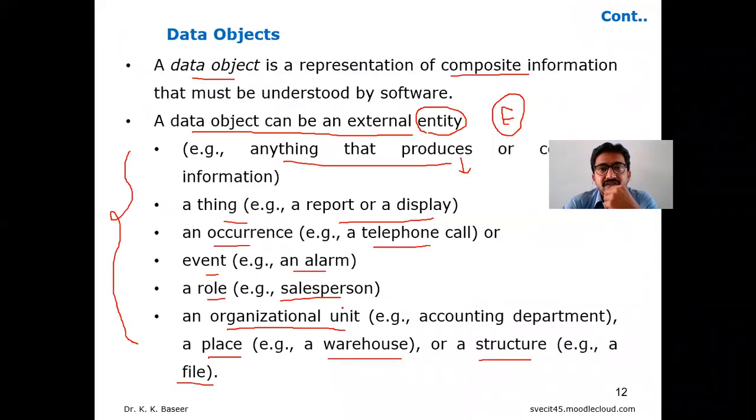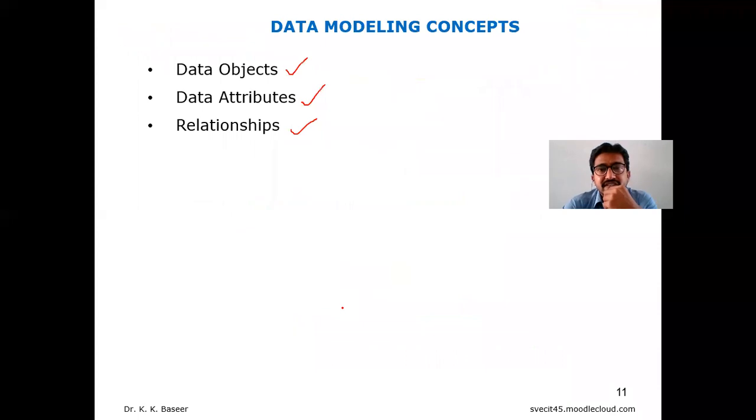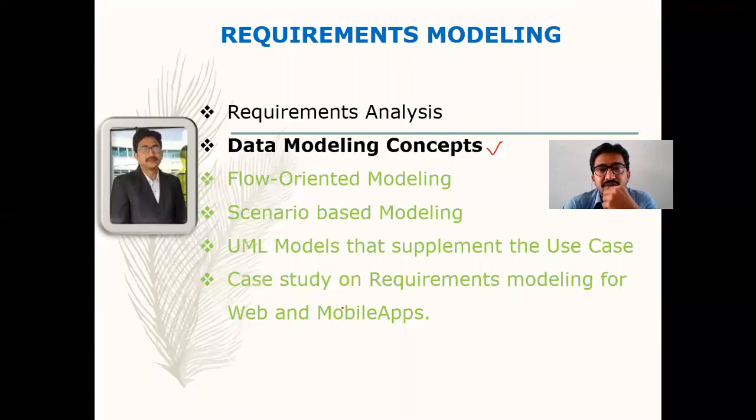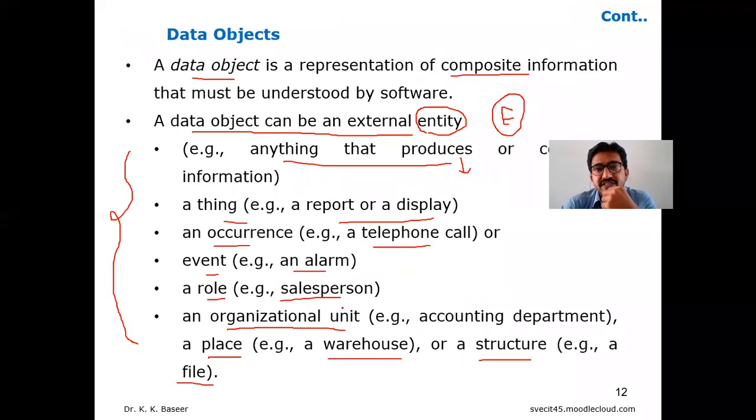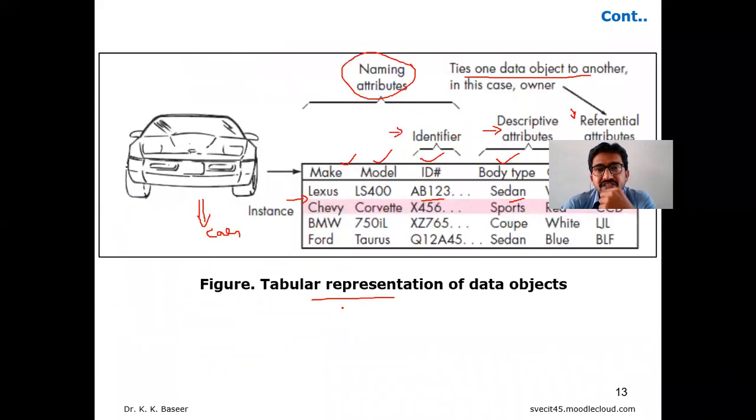So what we have discussed is the concept of data modeling: data objects, data attributes, and relationships. Data objects are a representation of composite information that must be understood by software, with different examples of how a data object can be an external entity, shown with a graphical representation.